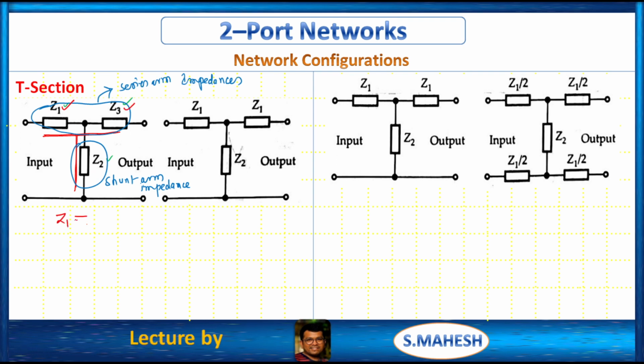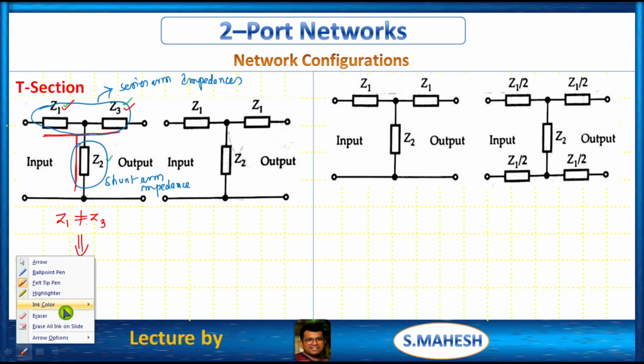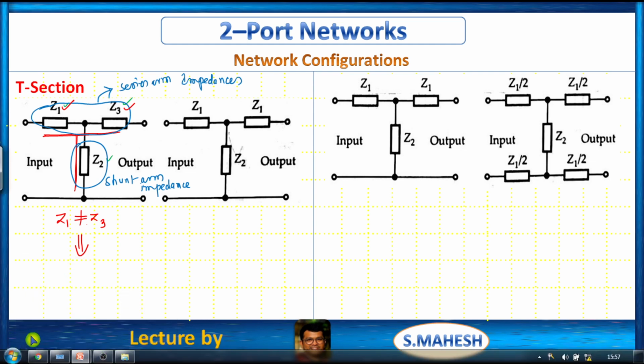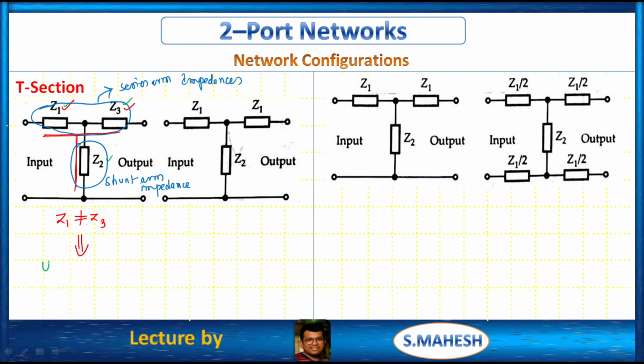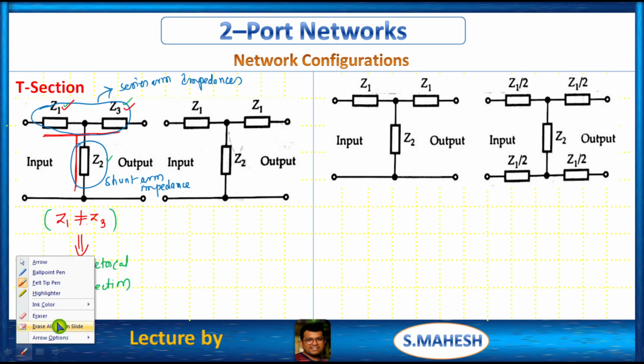From this, for example, Z1 not equal to Z3, then this configuration is called unsymmetrical T section. Why? Because Z1 is not equal to Z3. When is it called symmetrical T section?